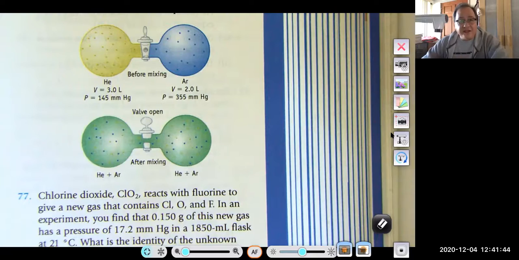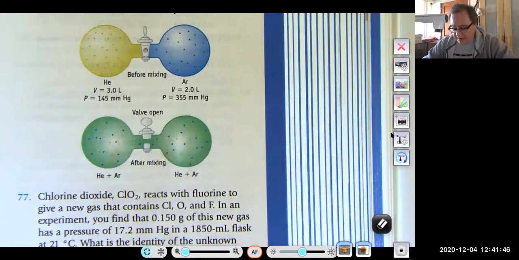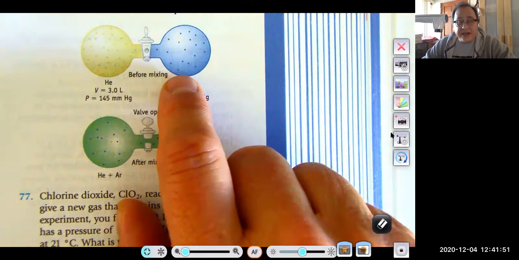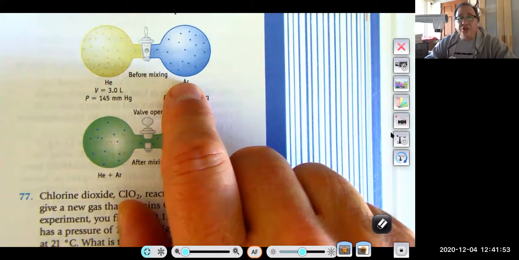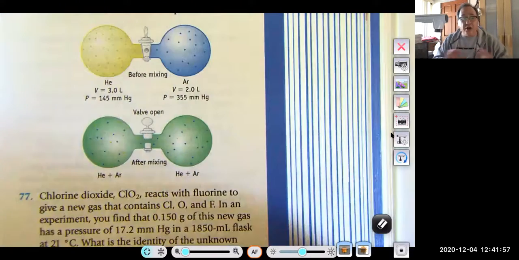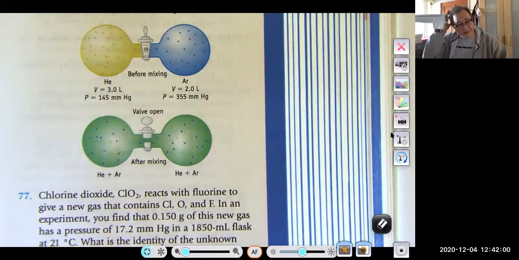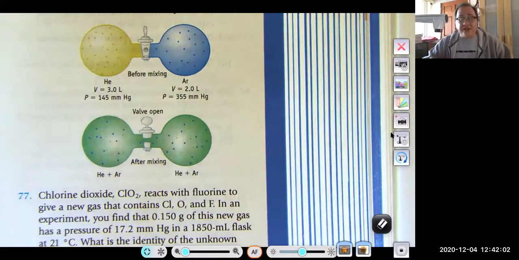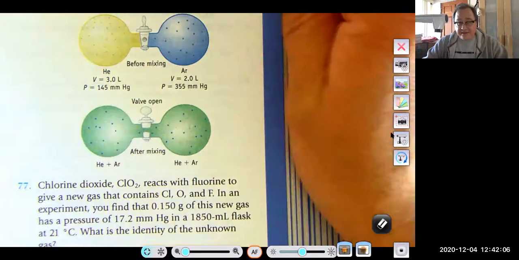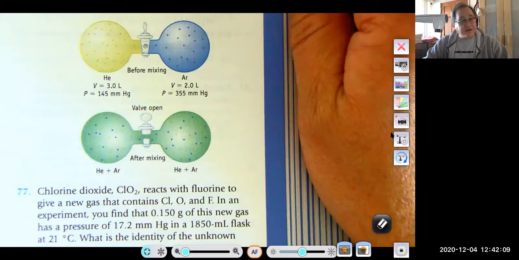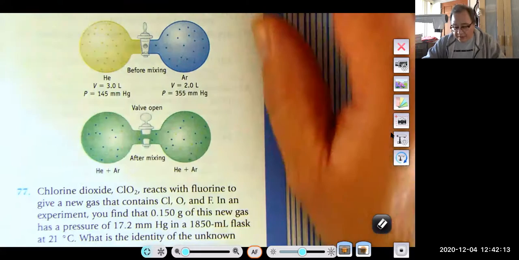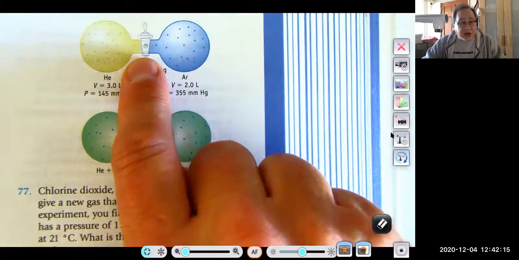Okay, here's a hint. I want you to imagine that this container here, the blue one, had no gas in it. It was 2 liters and no gas in it. And because there's no gas in it, there's no pressure in it. Is everyone okay with that idea? Give me a thumbs up if you're okay with that idea. Okay, so imagine we turn this stopcock.